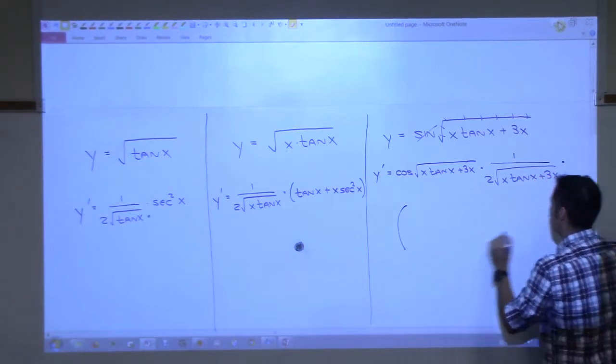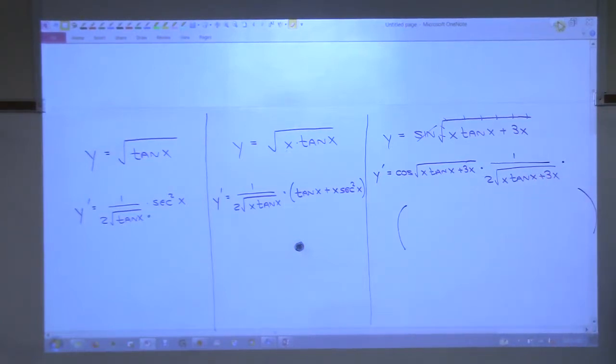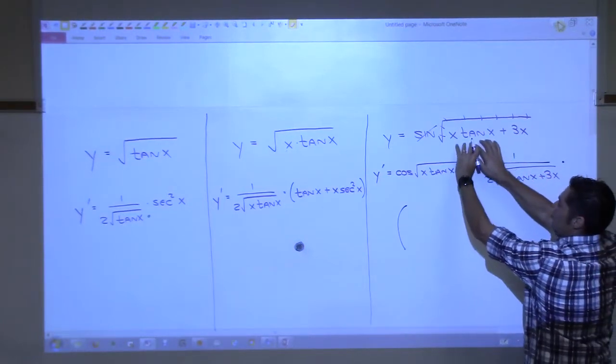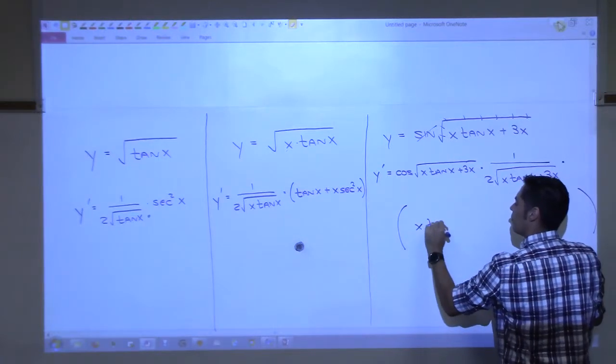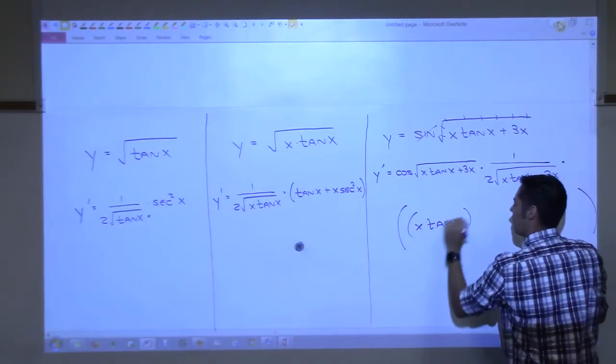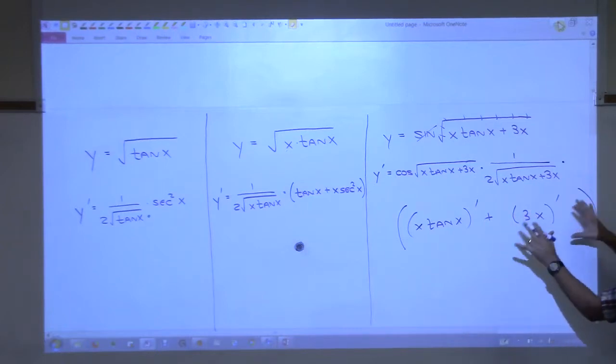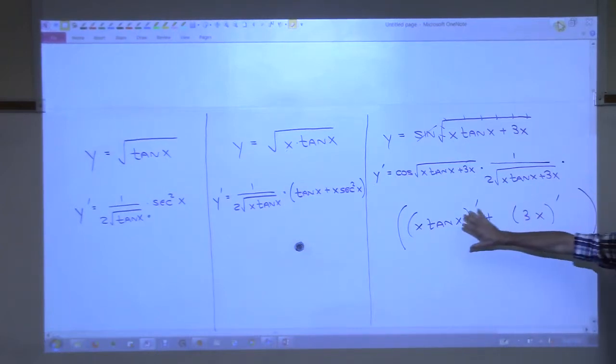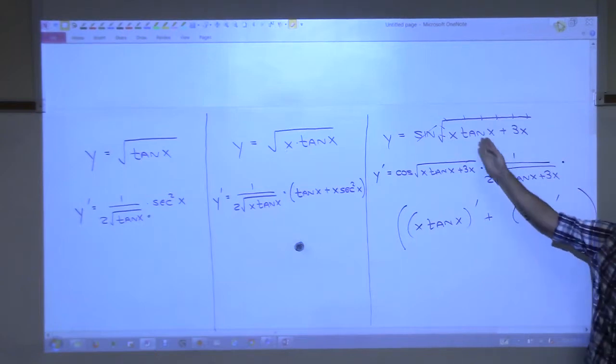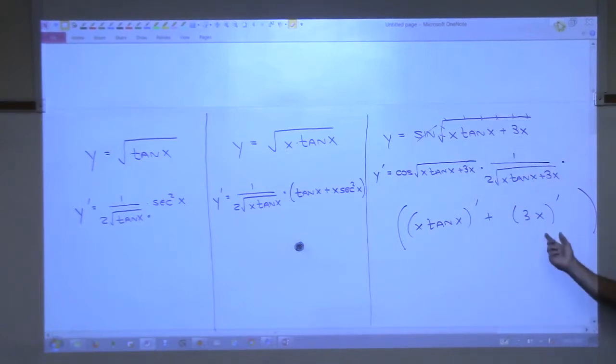So I'm going to put myself a big old parentheses here. And I'm going to just remember, I'm going to have derivative of this plus the derivative of the 3x. I'm writing that down. You don't need that step, but that's what I'm about to put in here, okay? It's derivative of this plus derivative of that separately. Make sense? And it's tacked onto that multiplication out here.